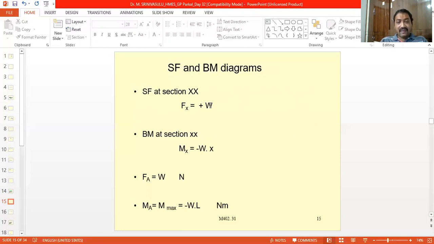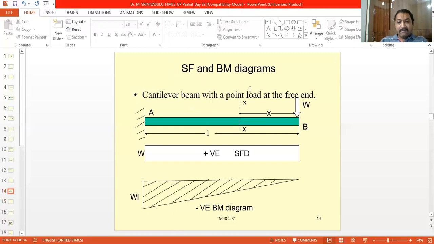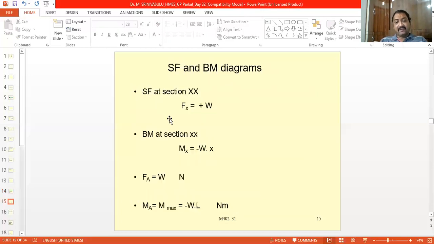So this will continue with the same value unless another point load or UDL is acting. But if you see the beam, we got only one force, and no other point load or UDL or any other load is acting. Therefore, the shear force will remain constant.